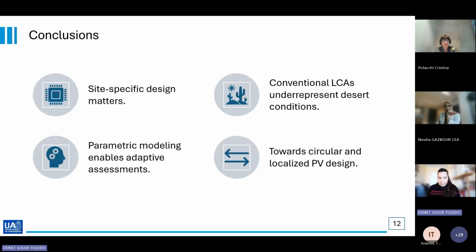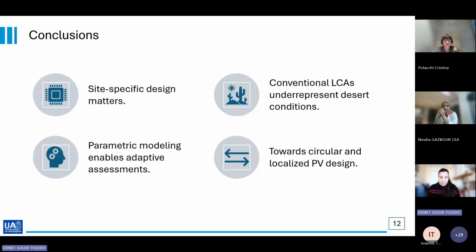Second, conventional LCA approaches underrepresent desert environments. Most databases and models were developed for mild, standard climates, which means they underestimate the real impact of maintenance, material degradation, or cleaning in places like Atacama.